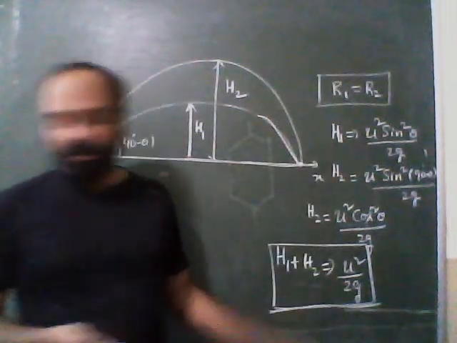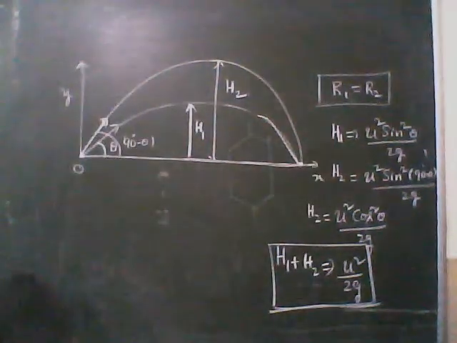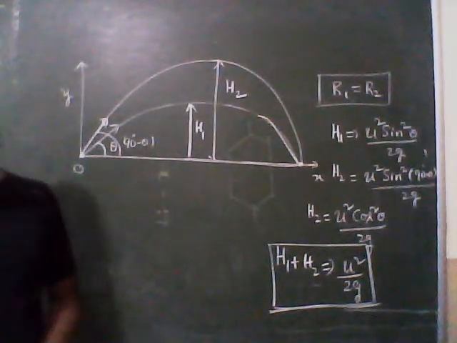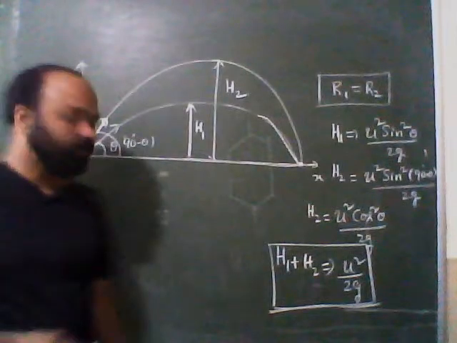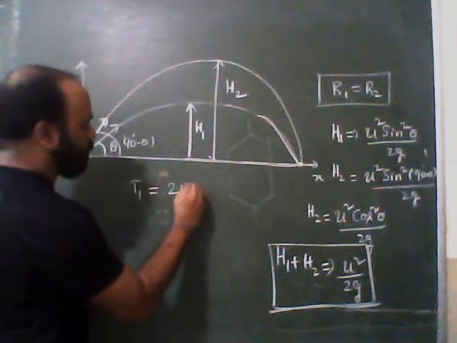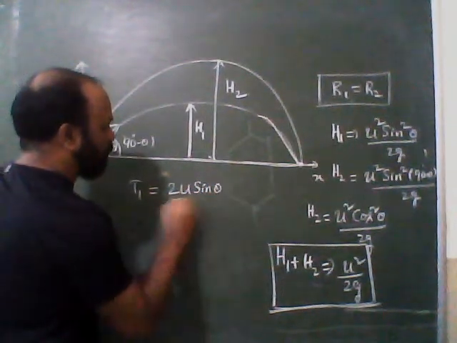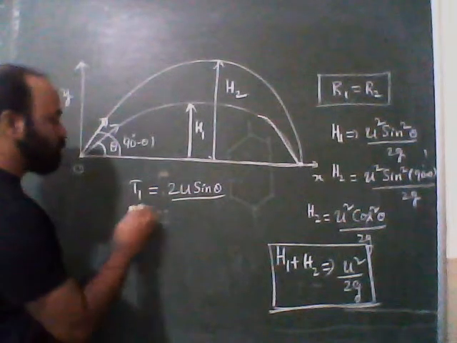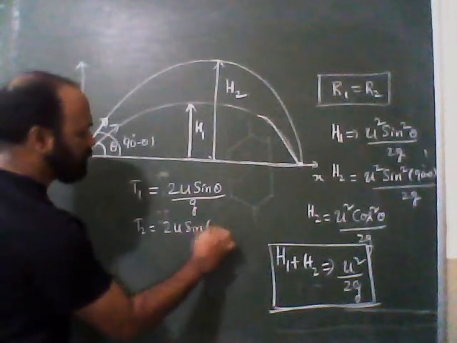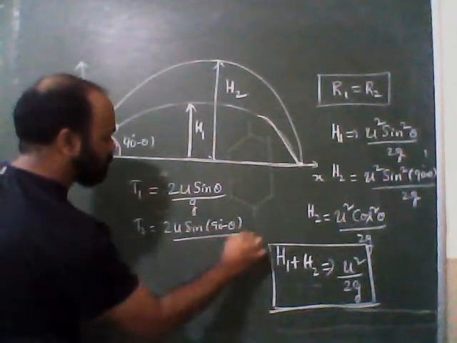Relations of ranges and height. Guys, similarly if you take time, time of flight for the first one, t1 is equal to 2u sin theta by g. t2 is 2u sin(90 minus theta) by g.